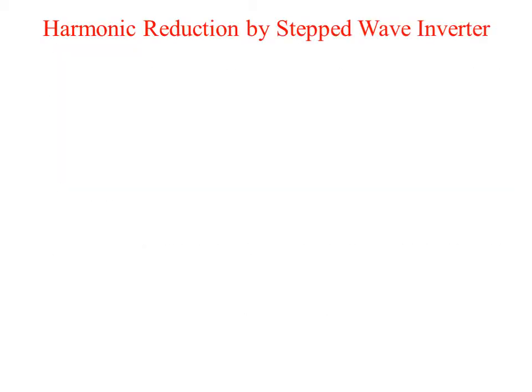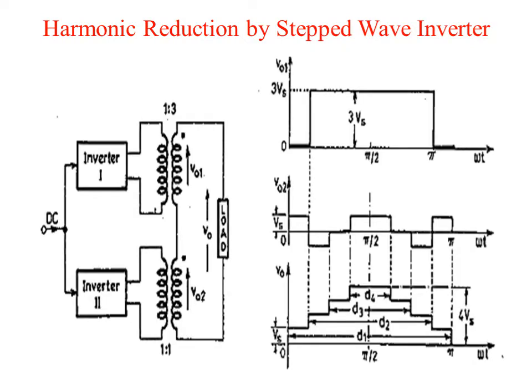The third method of harmonic reduction is harmonic reduction by stepped wave inverter. In this method, the pulses of different width and height are superimposed to produce a resultant step wave with reduced harmonic content.